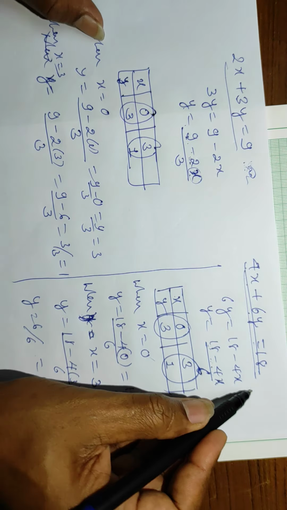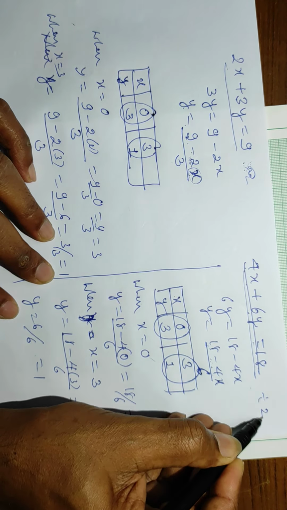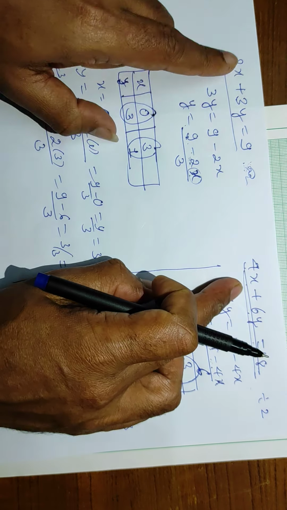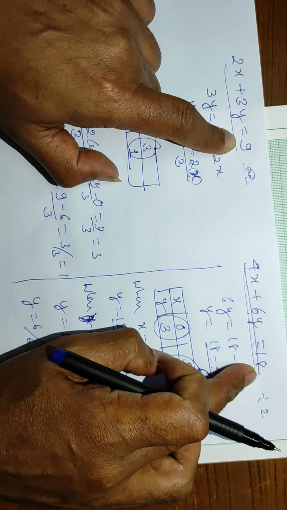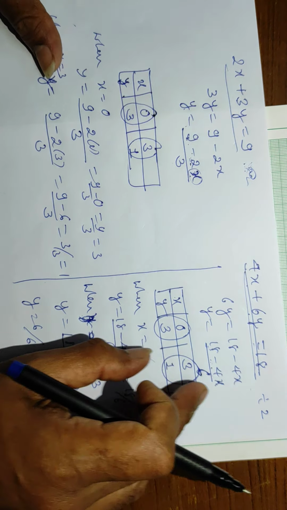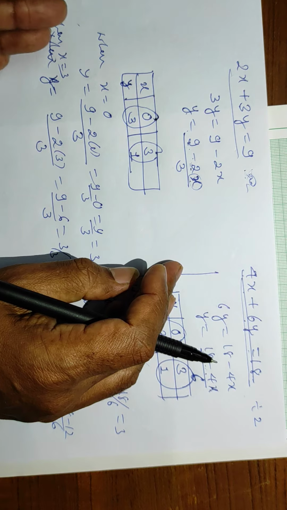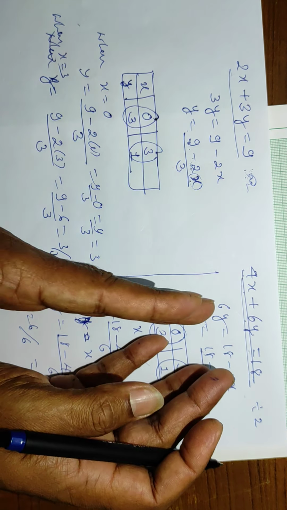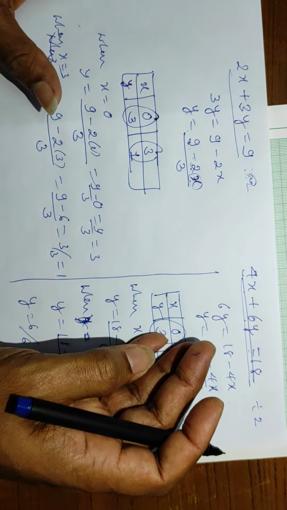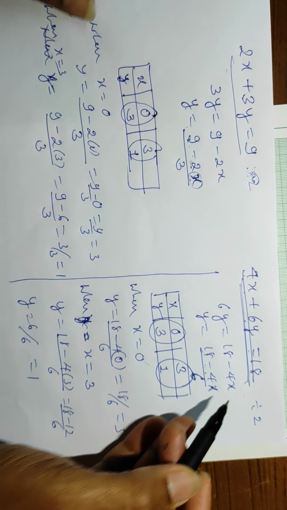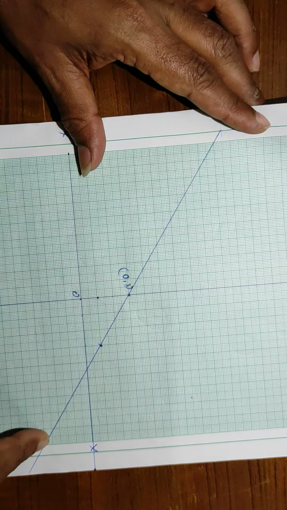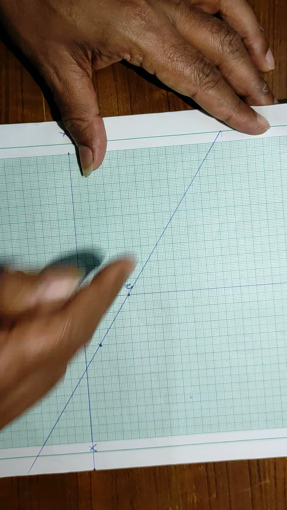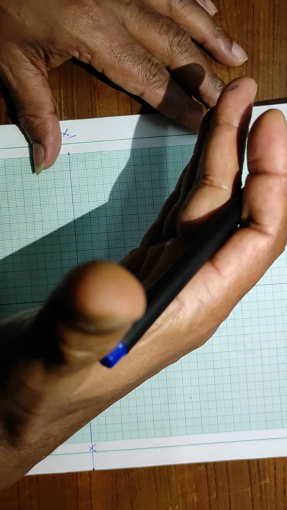Or if we divide both LHS and RHS by 2, you will get 2x, 3y is equal to 9. So one equation can be derived from the other. Both equations are equivalent. Therefore, we obtain coincident lines. Two lines are lying one above the other.